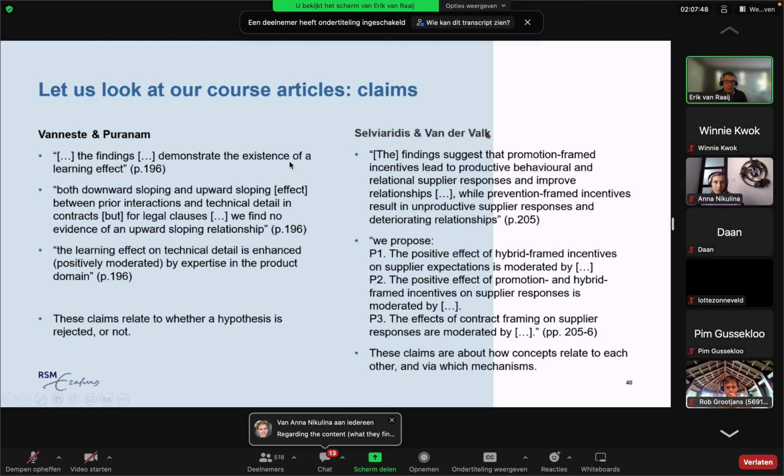You see that this type of article ends with propositions, and this type of article starts with hypotheses and then ends with a test of these hypotheses. So those are really important triggers and pointers for you to see the difference between types of research and the types of claims that these authors then make.